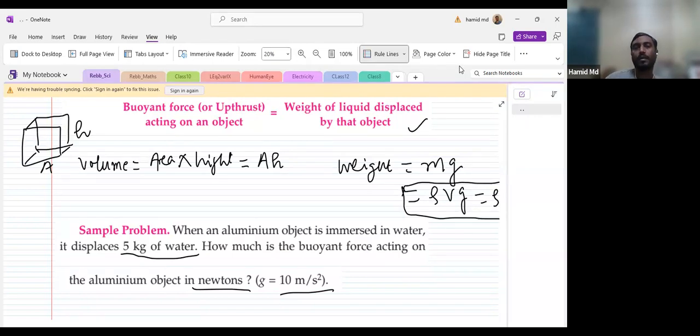That's the same example. If you are putting a jug inside the bucket, what is the volume of the jug? You have to displace that much amount of water. If you successfully displace such an amount of water, then the jug will go inside.